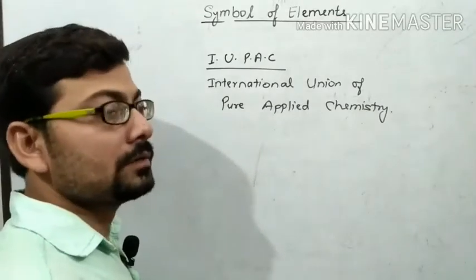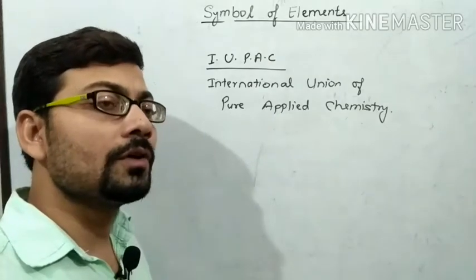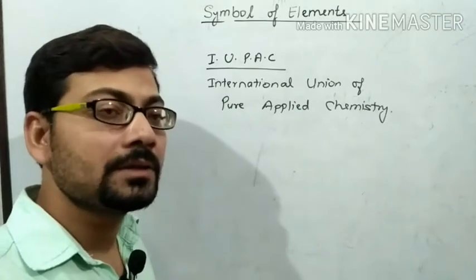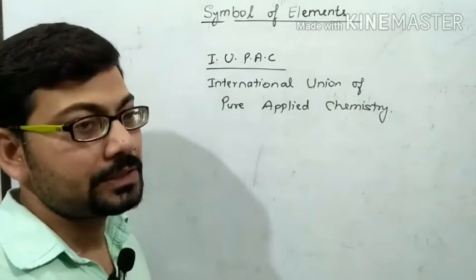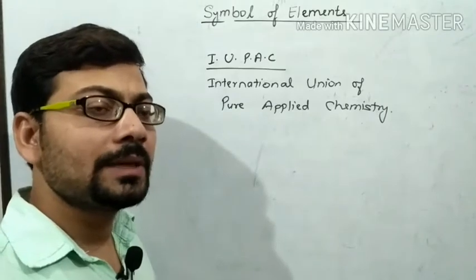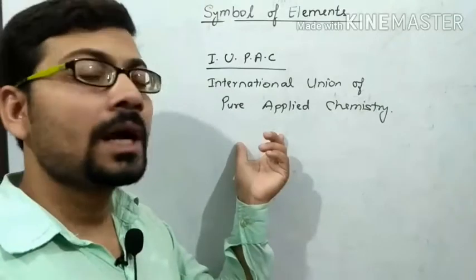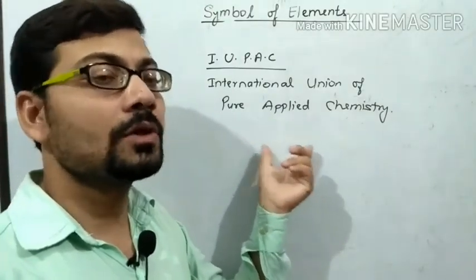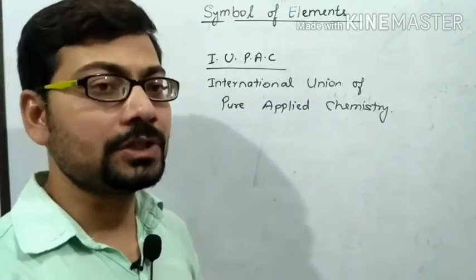Actually, this is a big institution of chemistry in which all the rules and methods are given by a group of scientists. Similarly, J.J. Berzelius gave his rules to IUPAC for the symbols of elements. Now, what are the rules given by Berzelius?